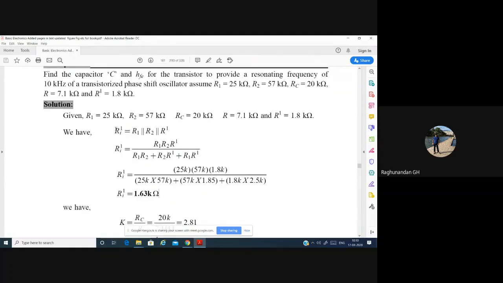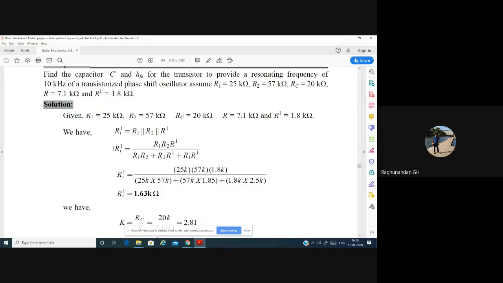If they're asking what is the total input impedance when, in order to avoid the loading effect, one of the pairs of the RC is connected in series, then you have to find that all of them are in parallel. R1, R2 is already there, which is parallel from the voltage divider circuit. R dash is the one which you are giving in series.